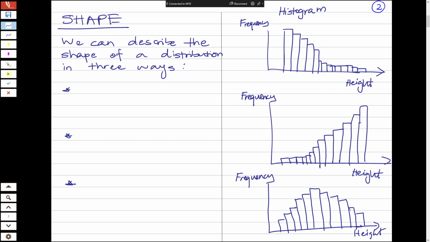We did histograms last Friday. So let's imagine I've got height along this direction, so taller people on this side, shorter people on this side, and a higher bar means there's more people in that area. If I had a class that looks like this, will there be more shorter people or more taller people?